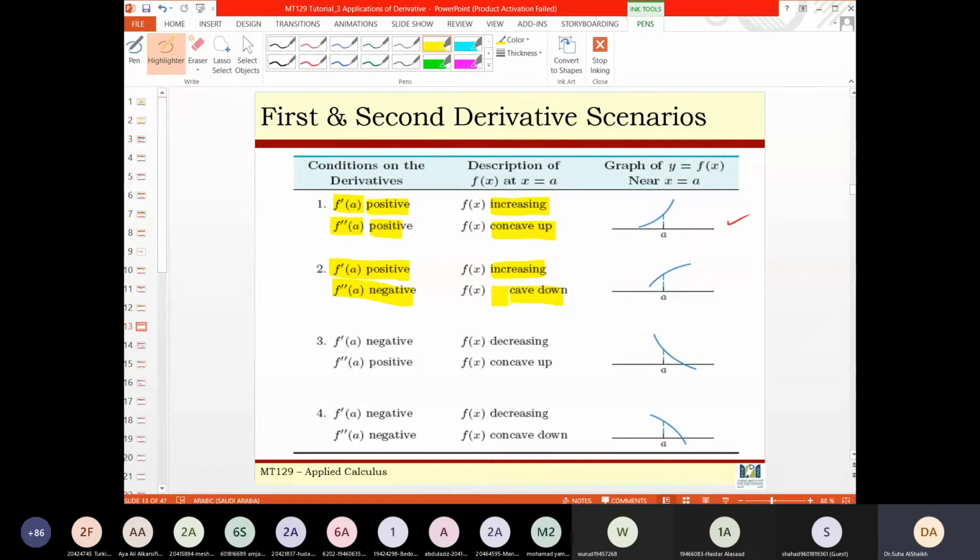So the function increasing and concave down looks like this. If f dash is negative, meaning decreasing, and f double dash is positive, meaning concave up, then it is decreasing and concave up at the same time. This is how the curves look. Now f dash is negative here and f double dash is negative, so decreasing and concave down. So this is how it looks.